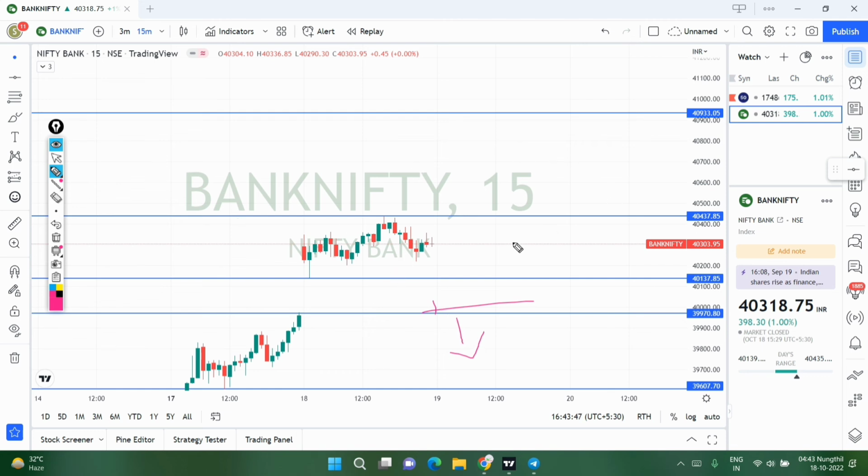So the best trade will be if it opens flat and closes above 40,450, we are going to target a big upside momentum. And if it opens gap down, below 40,000, then we are going to start selling aggressively. This is how we are going to analyze and trade for the next day.